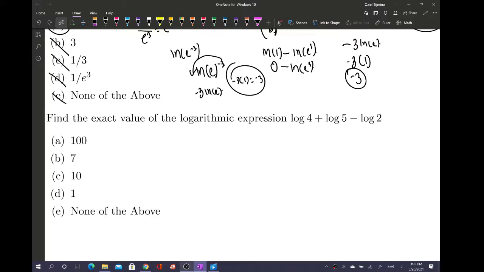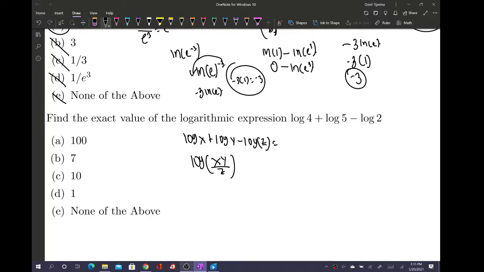Remember that in the properties of logarithms, log of x plus log of y minus log of z is equal to log of xy over z.